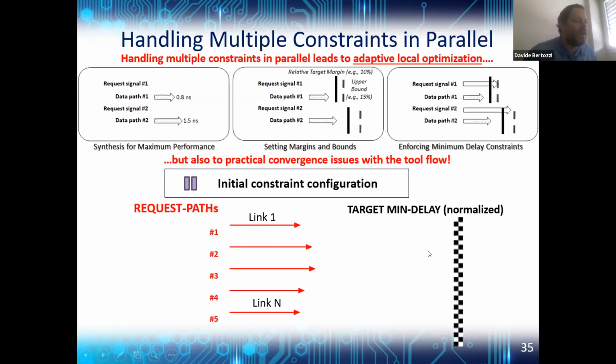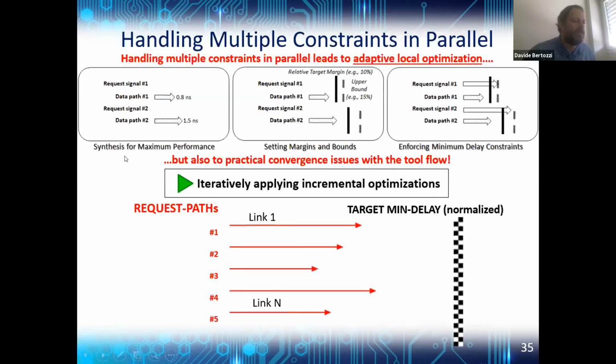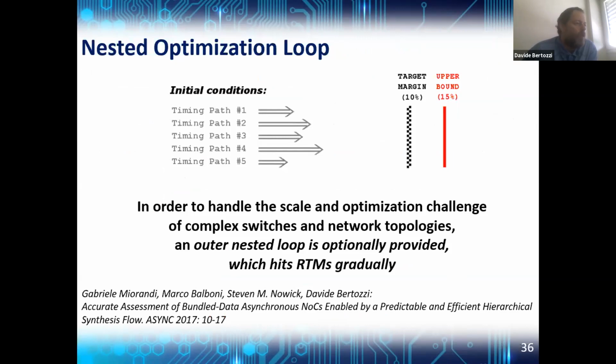And when you run iterative synthesis, these request paths never converge, because we are actually overloading the synthesis engine, and it's not able to fulfill all the relative timing constraints in parallel. So in order to deal with this situation, we make available an outer optimization loop that tries to handle the scale and the optimization challenge of complex switches and network topologies.